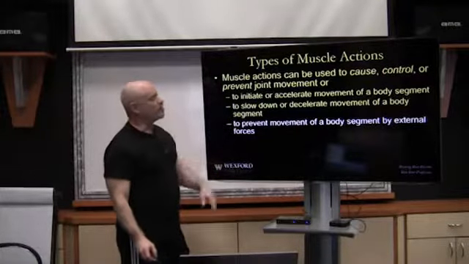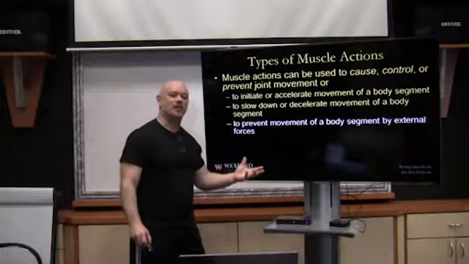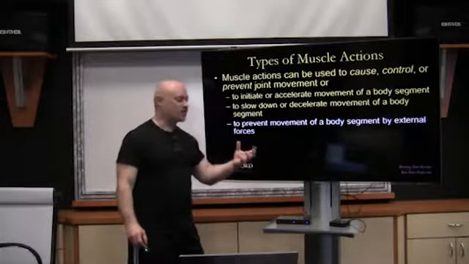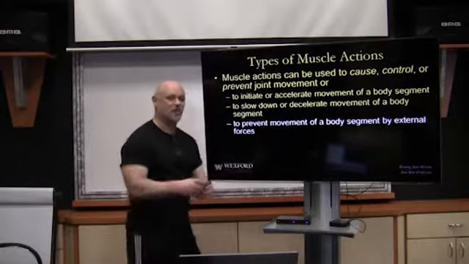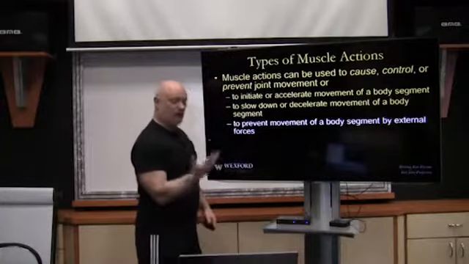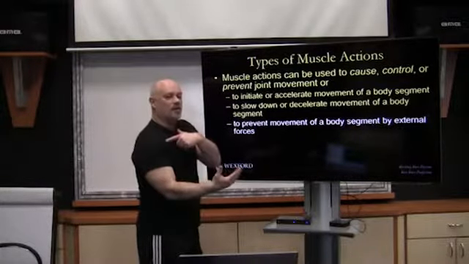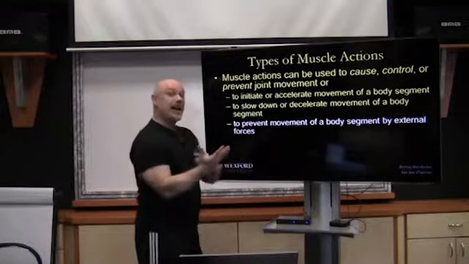It's also to prevent moving a body segment by external forces. The muscles are going to stabilize that joint so other muscle action can take place. A good example of that is trying to do an elbow flexion movement, but what's going to stabilize the shoulder? Because you don't want this action, you just want to isolate that joint.